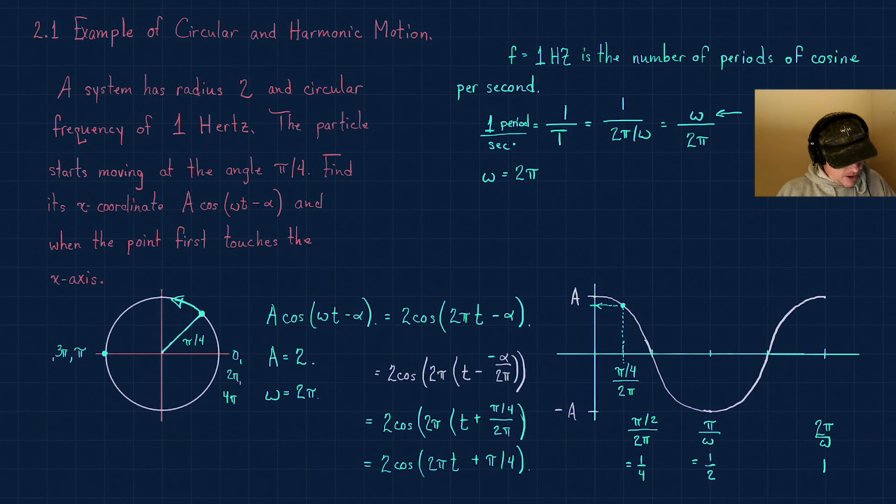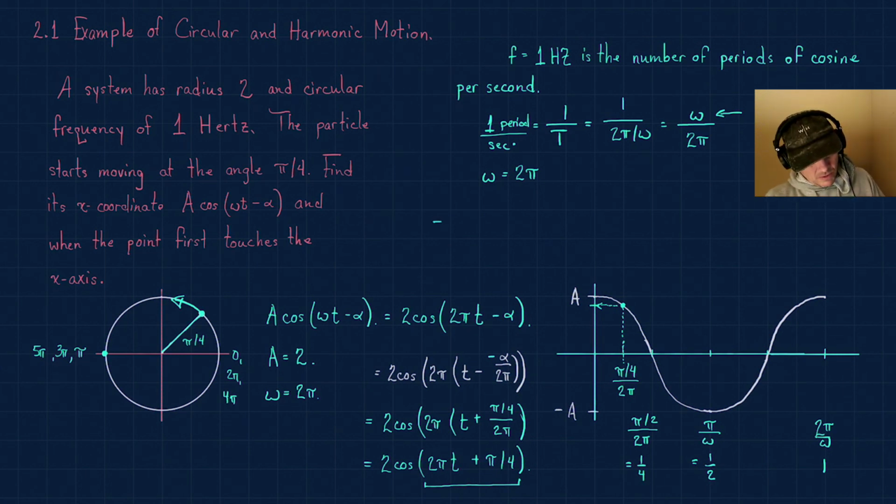So this would be 5 pi. So in other words, this particle first touches the x-axis when the argument is equal to pi. The argument is 2 pi t plus pi over 4. When that is equal to pi, that is when our particle touches the x-axis.